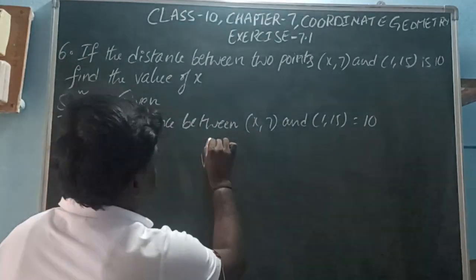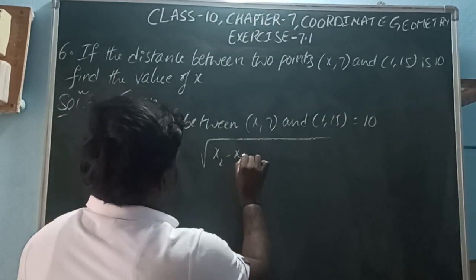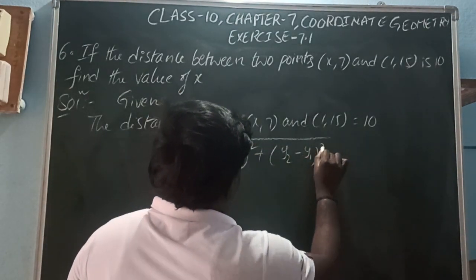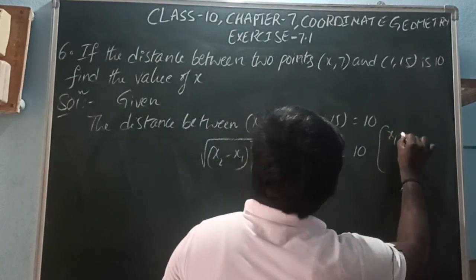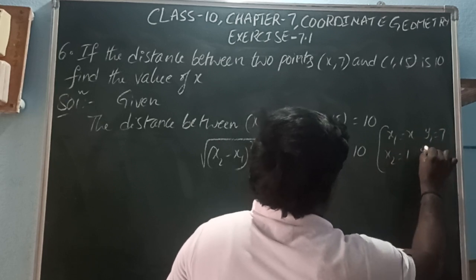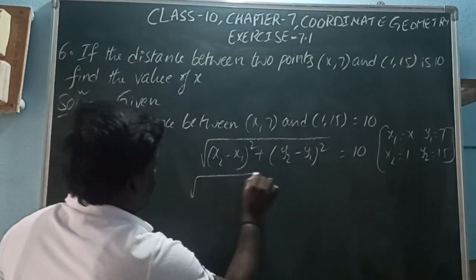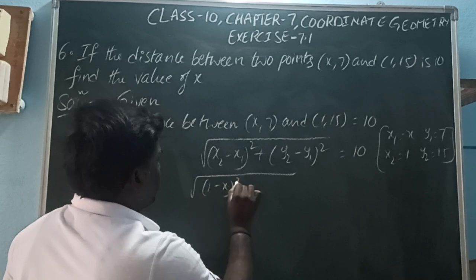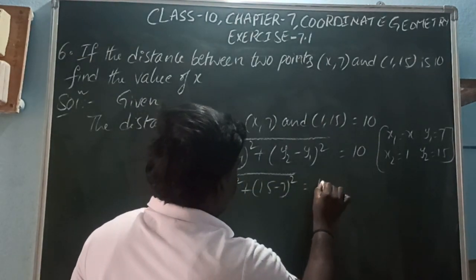Square root of x2 minus x1 whole square plus y2 minus y1 whole square is equal to 10. So here x1 is x, y1 is 7, x2 is equal to 1, y2 is equal to 15. So that is the square root of x2 minus x1 whole square, that is 1 minus x whole square plus 15 minus 7 whole square is equal to 10.